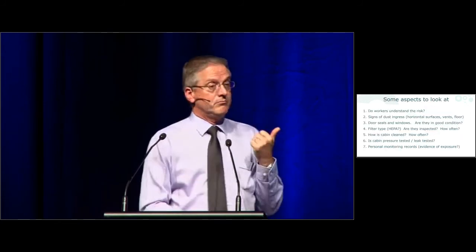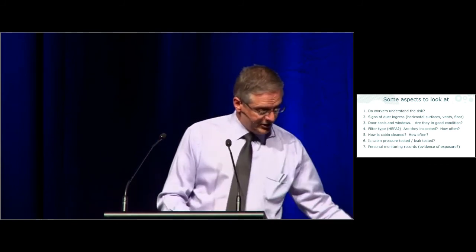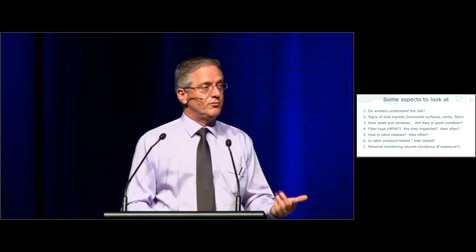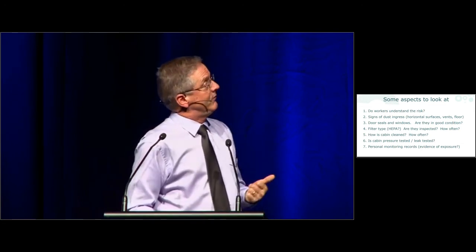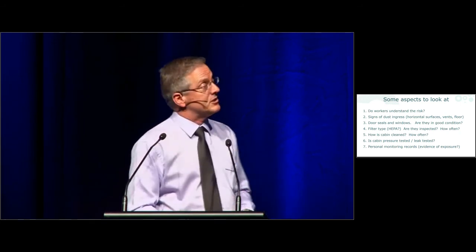Aspects to look at: do workers understand the risk? Are there signs of dust ingress in the cabin? So when you're on site, you can pick up whether or not there's an issue from doing a number of these things. Have a look at your cabins, have a look at your seals, have a look at your filters. What's your inspection process, both pre-start and maintenance?